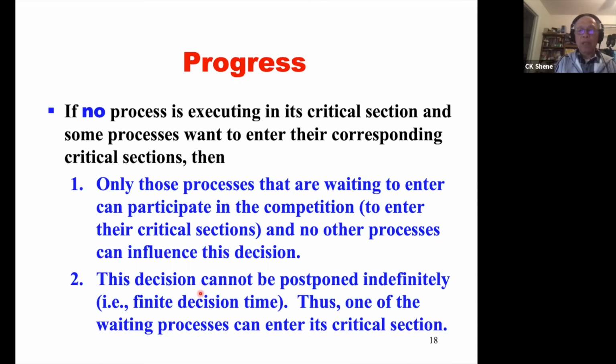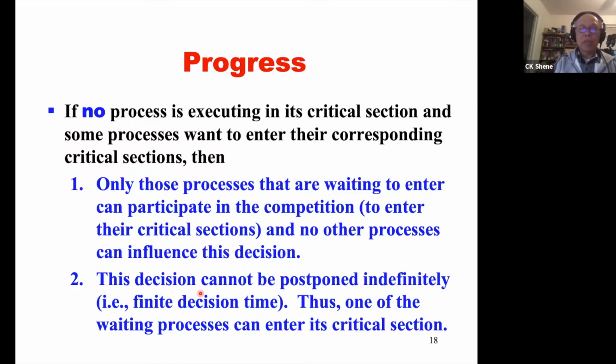Therefore, in finite time, one of the waiting processes will be able to enter the critical section. So quickly repeat. The progress condition states that if currently a critical section is empty, but some processes are waiting to enter, then two conditions must be satisfied in order to satisfy the progress condition.